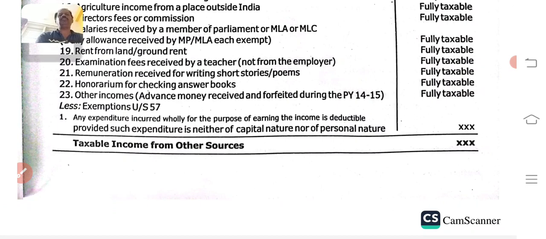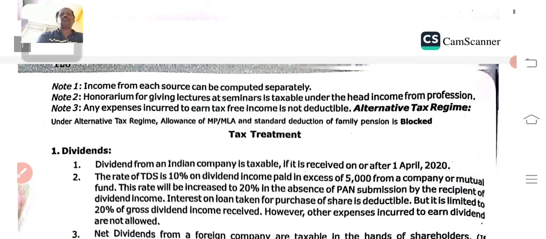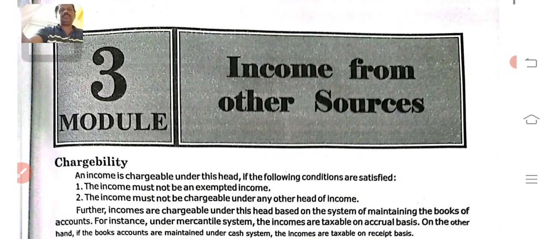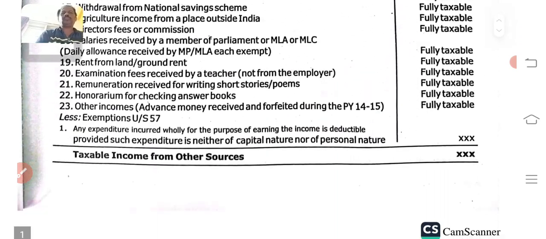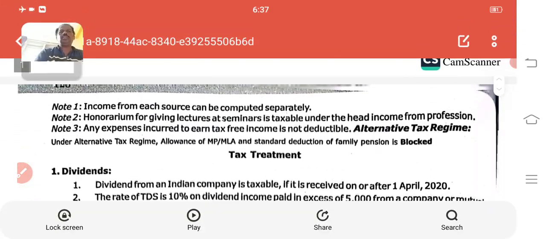Finally, we get taxable income from other sources. So the following important note: income from each source can be computed separately.